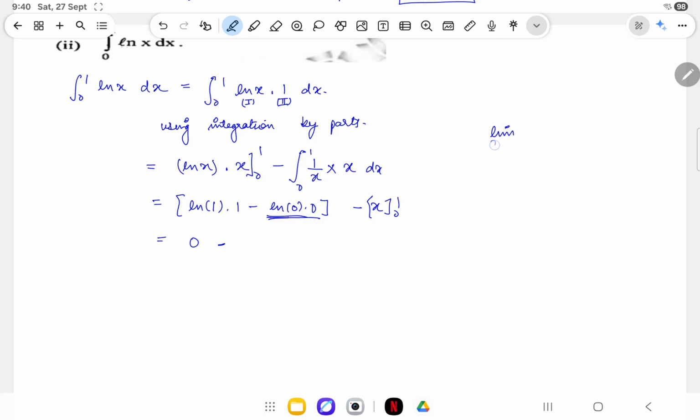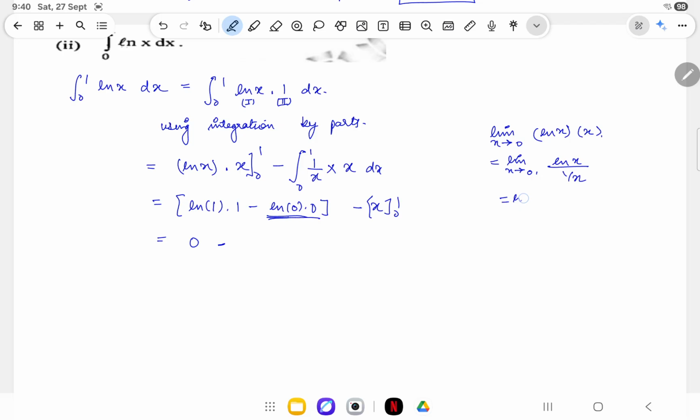So limit x approaches 0, ln x into x will be equal to limit x approaches 0 ln x by 1 by x.